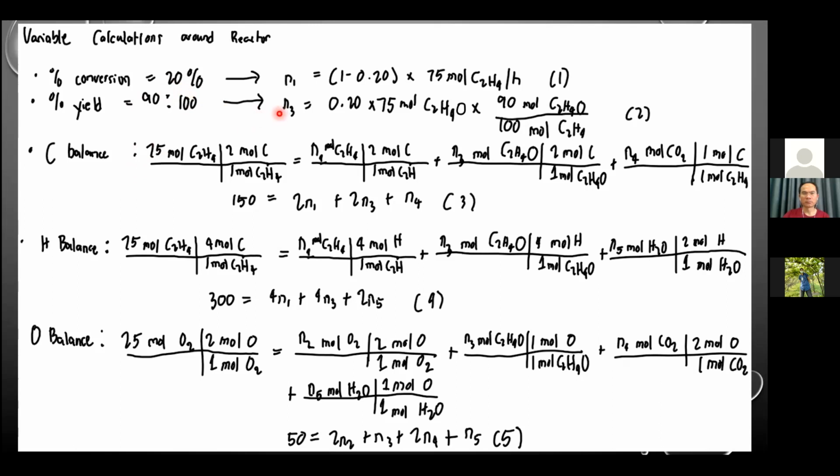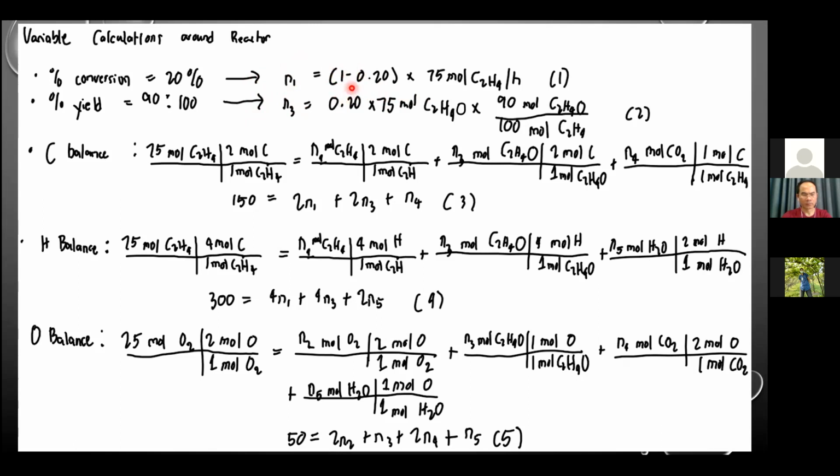Single pass conversion is defined as the reactor input minus the reactor output, over the reactor input. So N1, which is the output, on this left hand side is equal to the input.